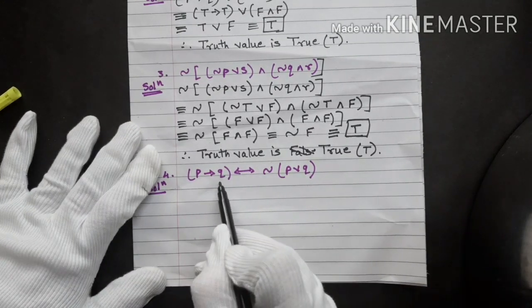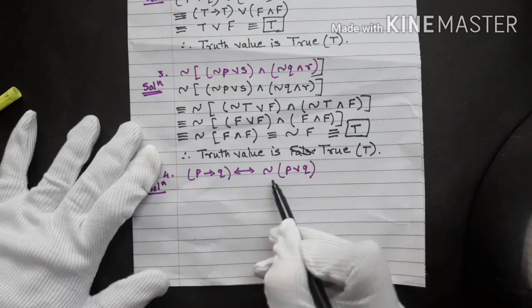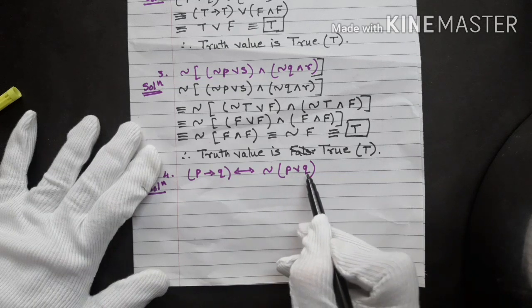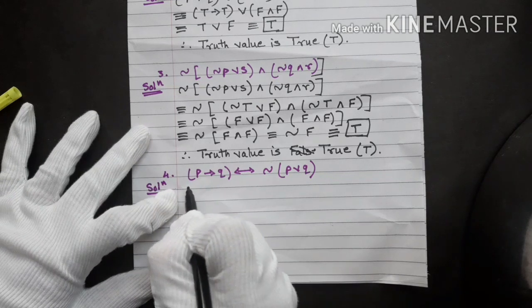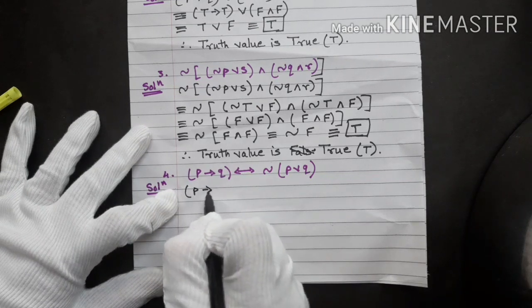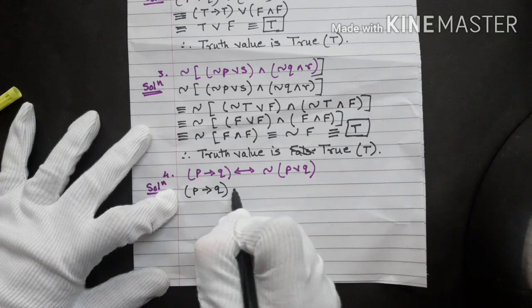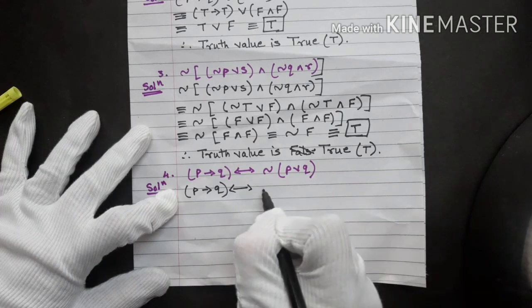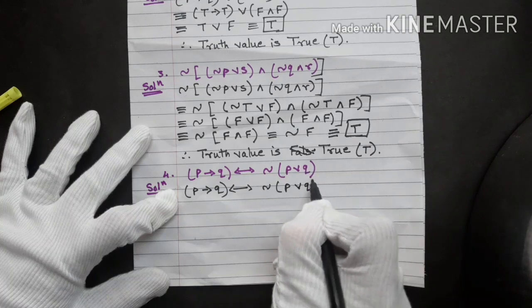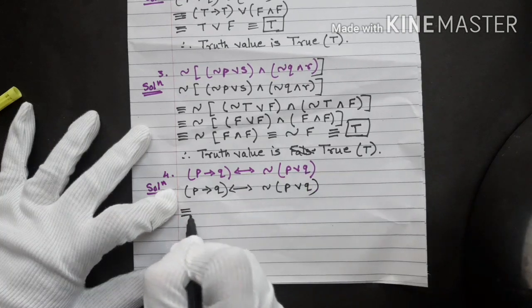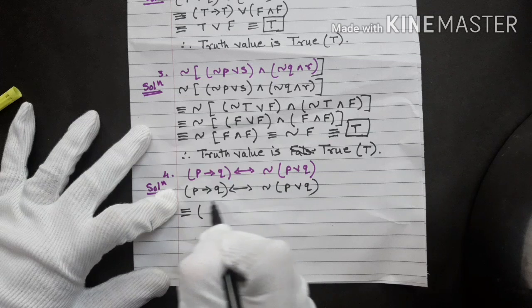Now the next one. P implies Q double implies negation P or Q. So first let us write the statement. P implies Q double implies negation P or Q. So now substitute the truth values.